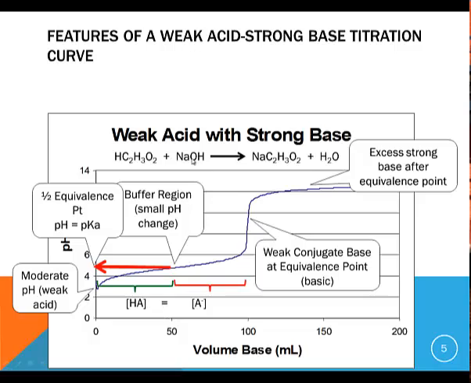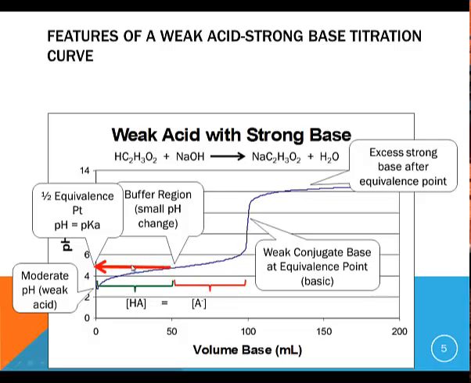The sodium hydroxide is converting the weak acid, acetic acid, to conjugate base, but I still have some weak acid left. Now, there is a particular point in the buffer region of every weak acid strong base curve, which we call the 1/2 equivalence point, where I have an absolutely equal concentration of weak acid as I do conjugate base salt, in this case HA and A minus.